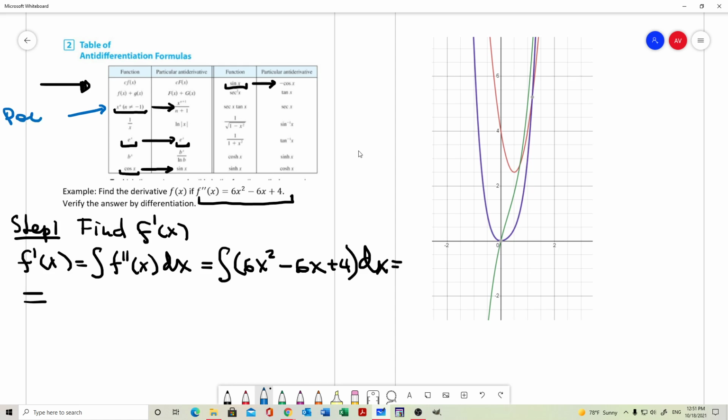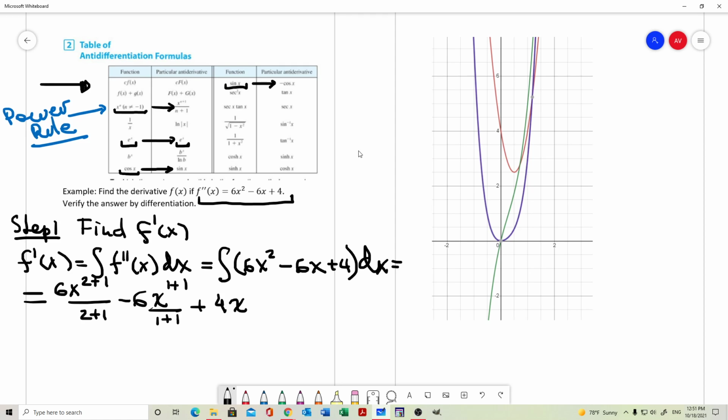We're going to use the power rule. We'll have 6x to the power of 2 plus 1 over 2 plus 1, minus 6x to the power of 1 plus 1 over 1 plus 1, plus 4x, plus some constant C.